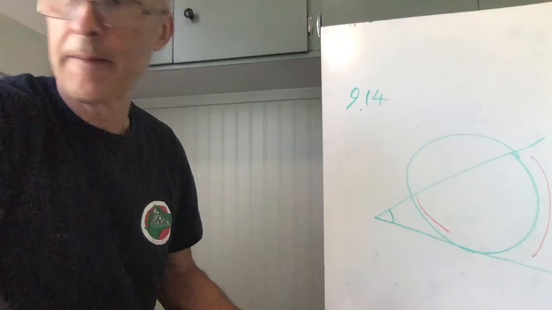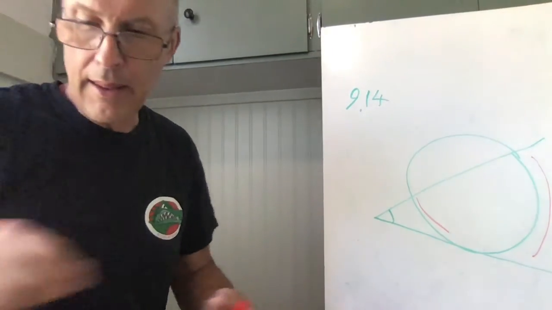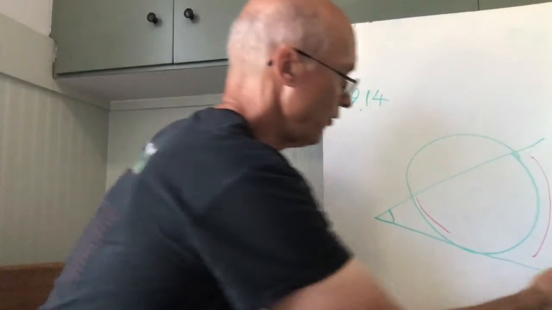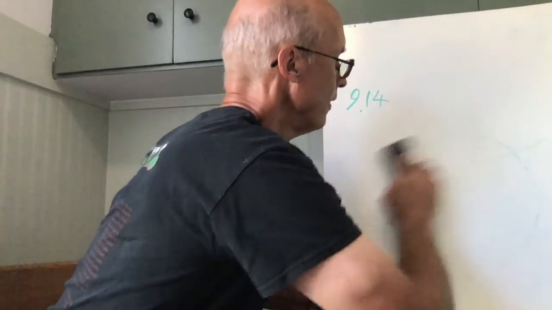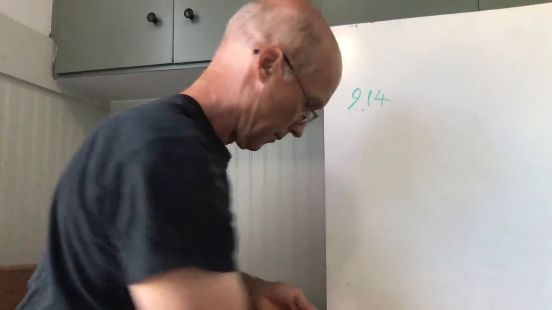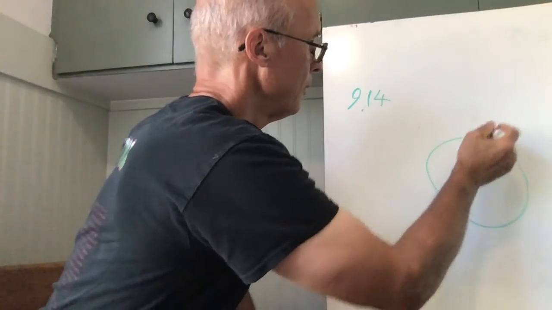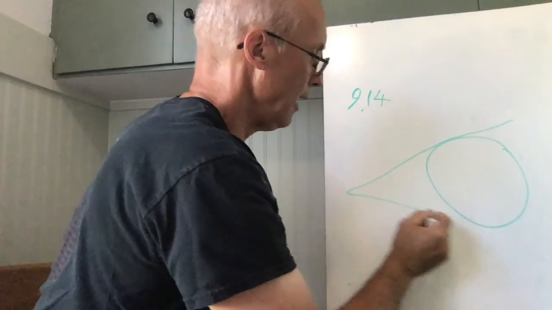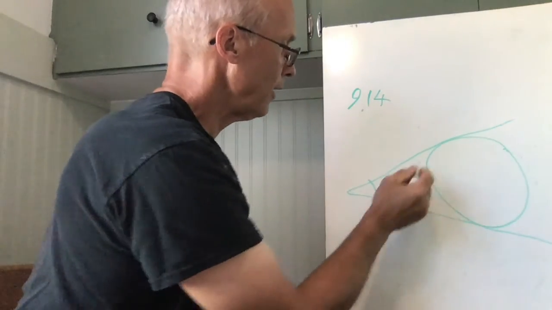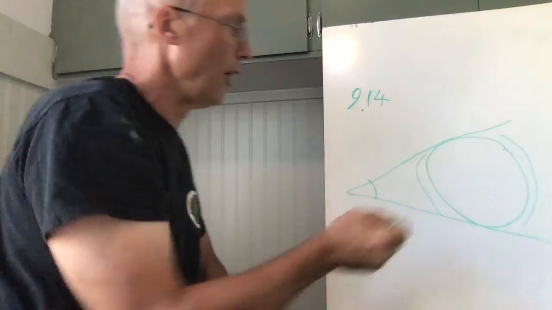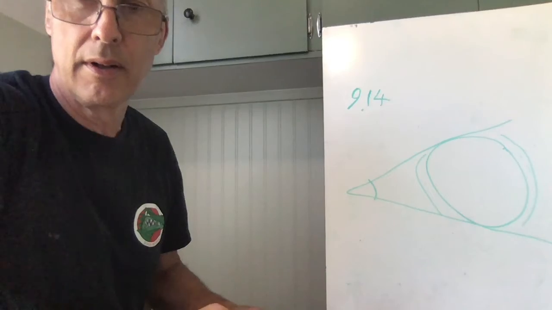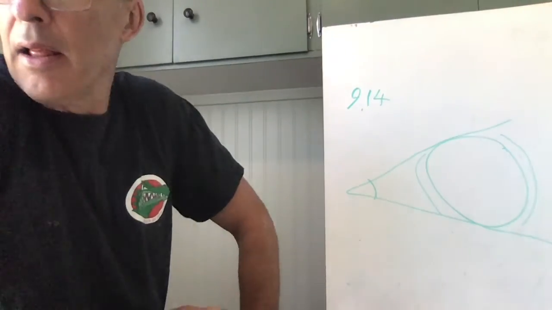Okay? And then lastly, I guess I could draw it as two tangents. But I think you get the idea by now. That angle is going to be that minus that. Okay, that's all there is to it.